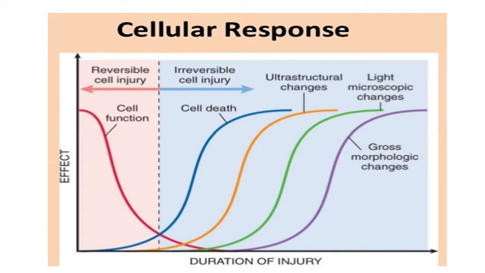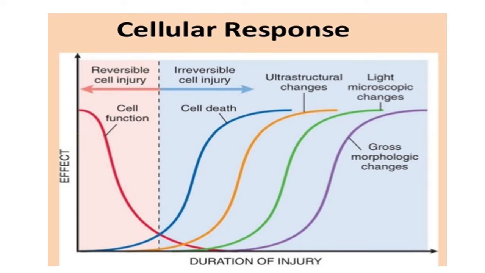The effect that may be on a cell, the duration of the injury, this is it. If the cell is able to move up to this portion, all this area is a reversible cell injury, meaning that the cell can go back to its normalcy, it can be healed. If it moves from this area and eats into this area, nothing can be done about it. So you can see irreversible cell injury.